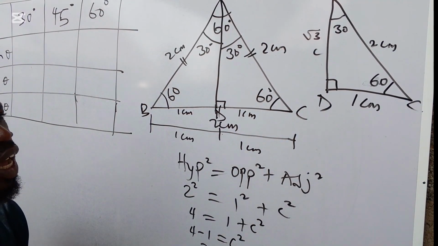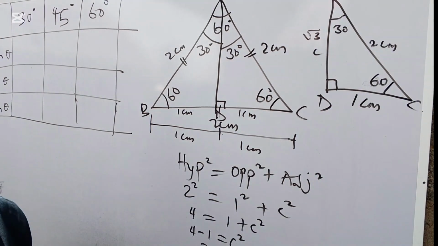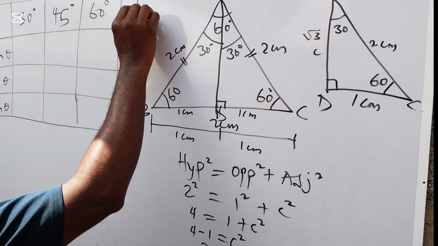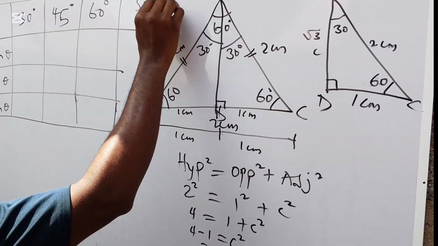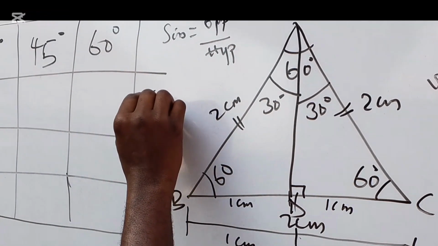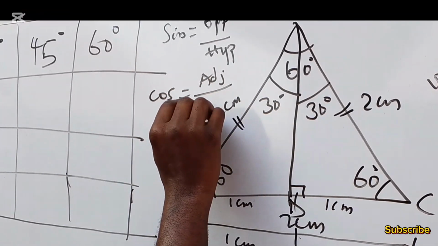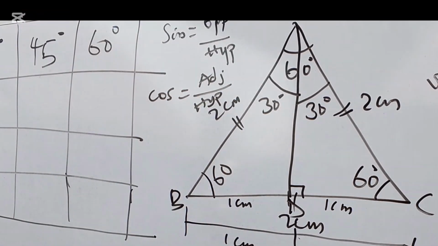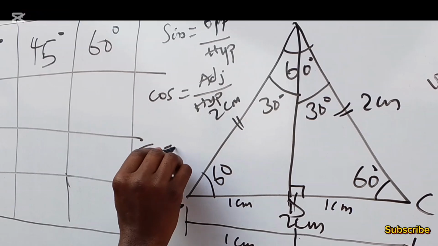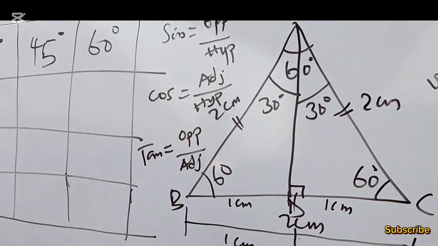All right. And remember that sine is opposite over hypotenuse. Cosine is equal to adjacent over hypotenuse, and tan is equal to opposite over adjacent. All right.